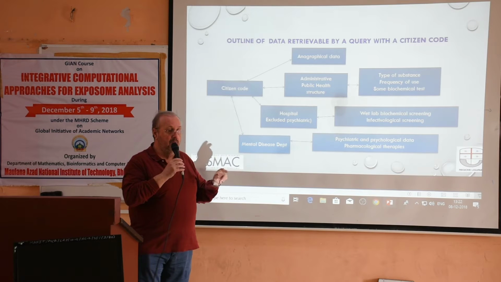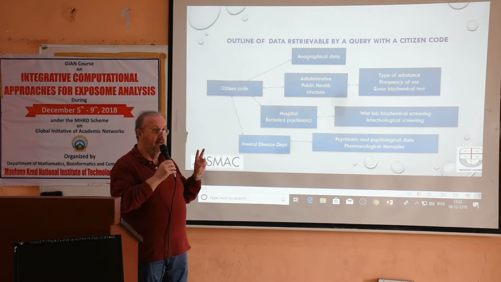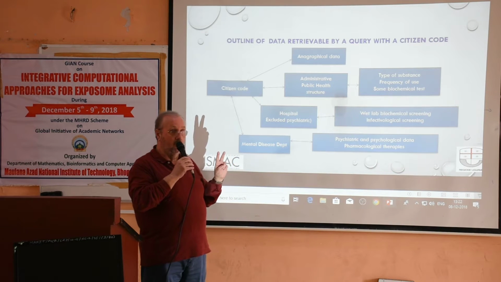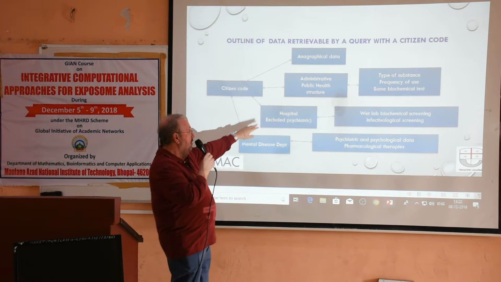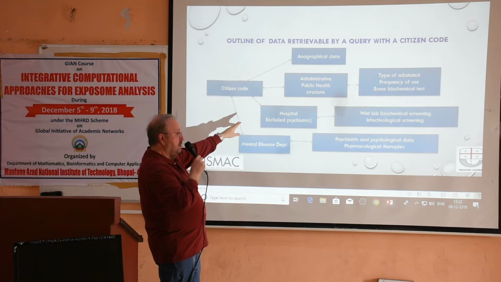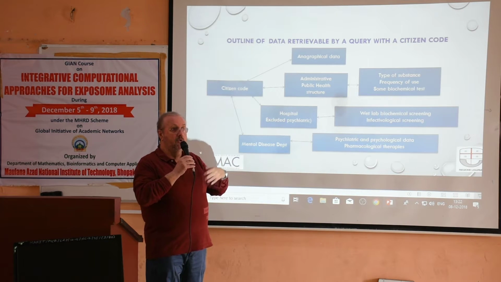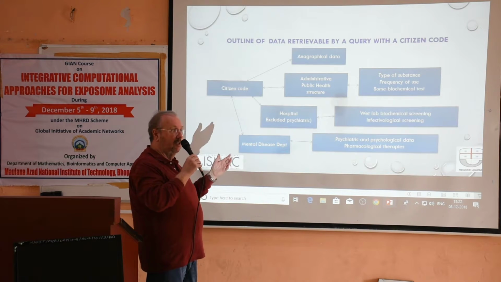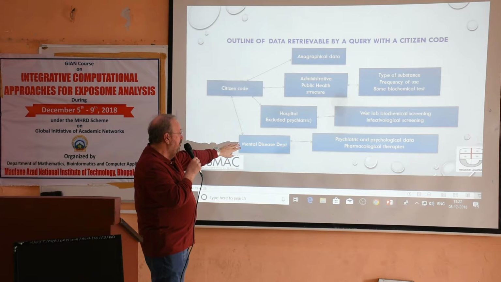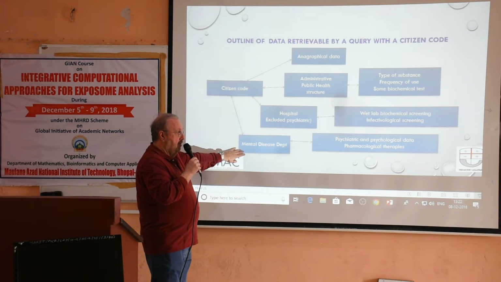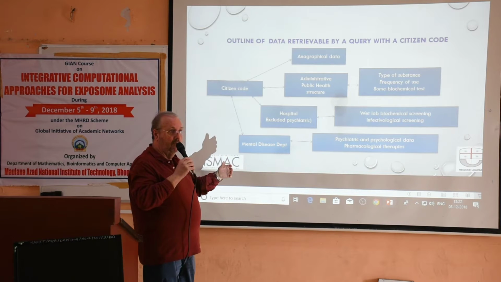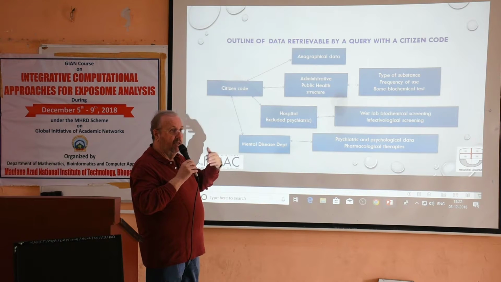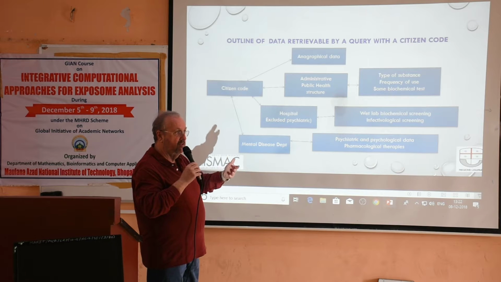Then you have, at the same time, two different diagnostic records. One coming from the hospital, blood screening or urine screening or hair screening, and the other is a pure psychiatric diagnosis that in some cases can be by imaging, and in many cases textual.